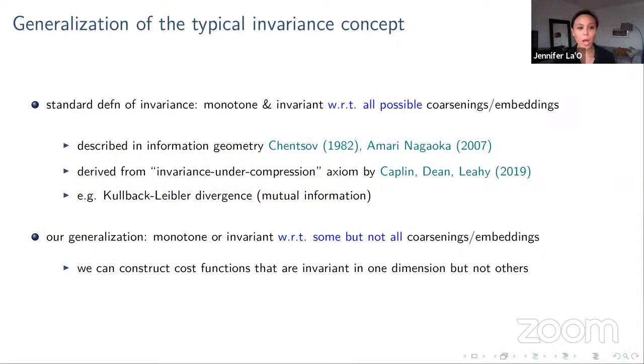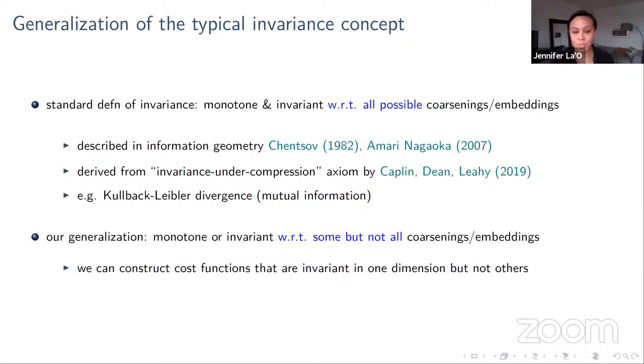So how does this generalize the typical invariance concept? What we've shown here is that you can define these with respect to different coarsenings and embeddings in different dimensions. We did it with R, you can do it with A bar, you can do it with respect to S, whereas the standard definition of invariance is monotone and invariant with respect to all possible coarsenings and embeddings.